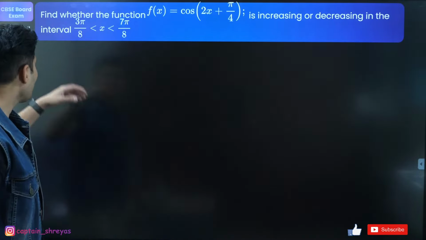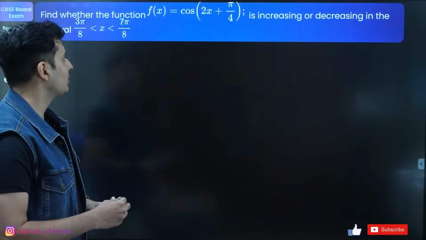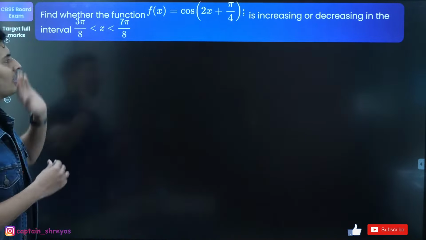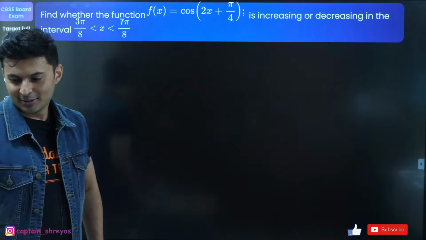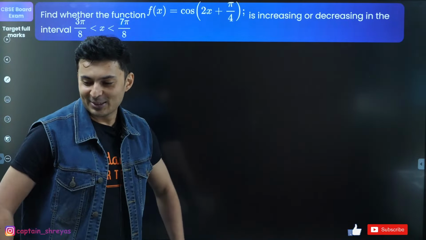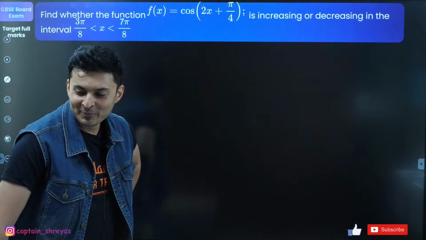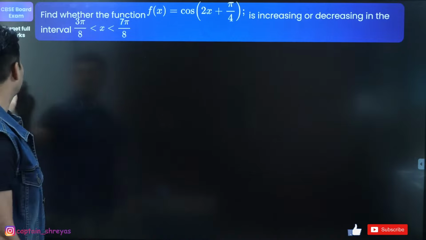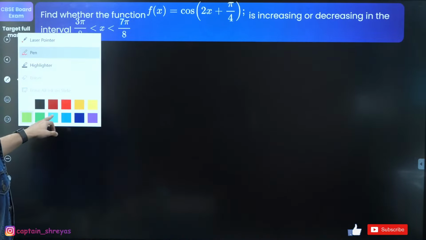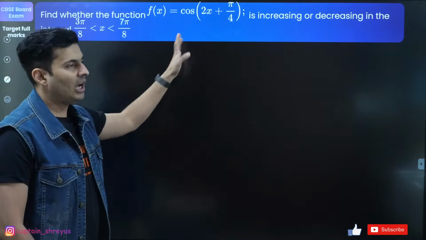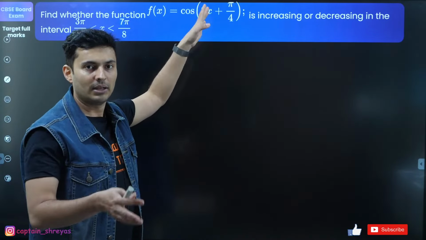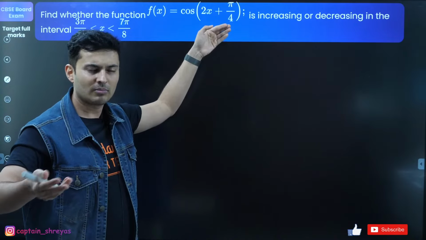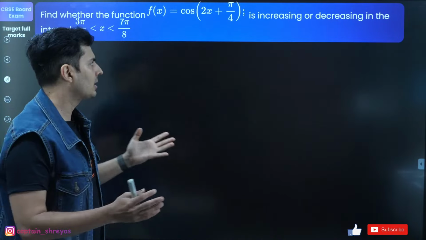Okay. Find whether the function f of x is equal to cos of 2x plus pi by 4 is increasing or decreasing in this interval. 5 marks question. If they ask you, then fine, you write down. You write a nice English essay and come. In increasing or decreasing interval, in this particular interval. You cannot say, it's obvious, sir, in this interval it will increase. You have to prove it using derivatives, slopes, or whatever, derivative of a function and all of that.